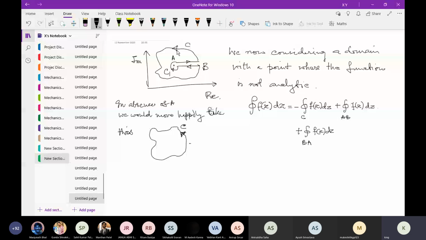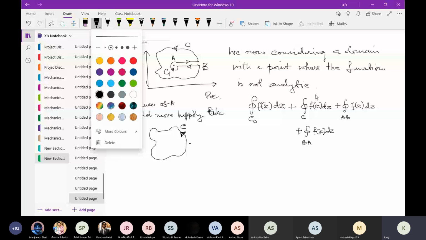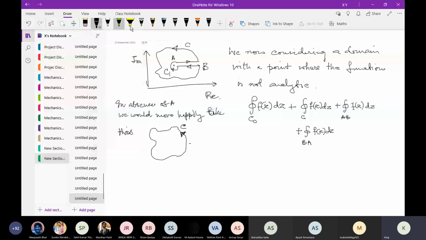Therefore it should come equal to 0. So on the other side, I will be left with my C0. Effectively, what we are saying is that we may change the sign, but this is overall equal to 0.